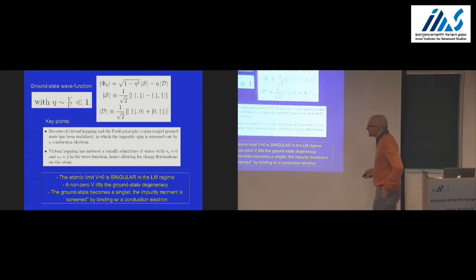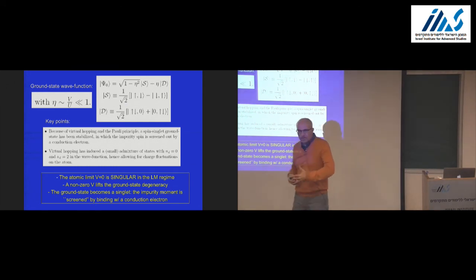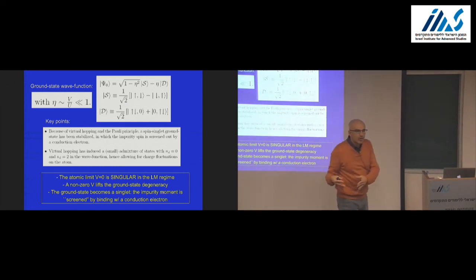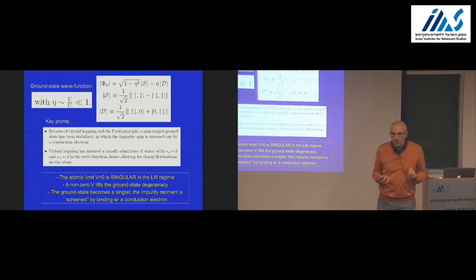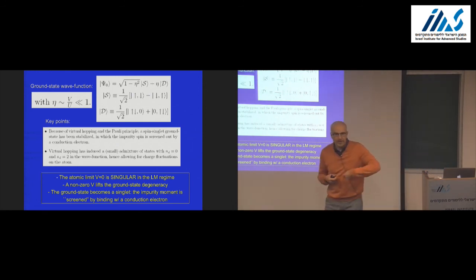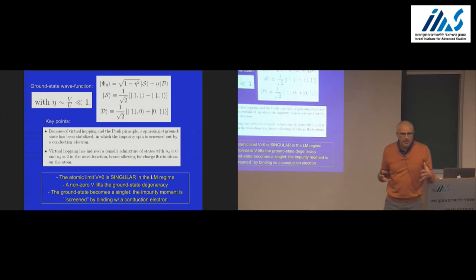The second important thing is that this was achieved here by including in the ground state wave function virtual transitions to states with charge 0 on the dot or charge 2 on the dot. And because now the ground state wave function is a superposition of charge states 1, 0, and 2, you can perhaps accept the notion that it will allow charge to flow freely through the device with maximal possible conductance 2e squared over h.